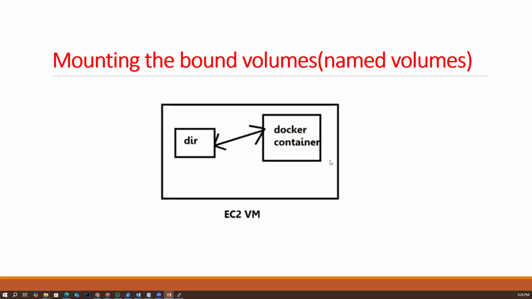If the Docker container crashes, my deployment data will not crash. You can create another container and attach it to the directory. This is the purpose we are creating a Docker volume. If the container crashes, for example, you deployed the code in the Docker container.